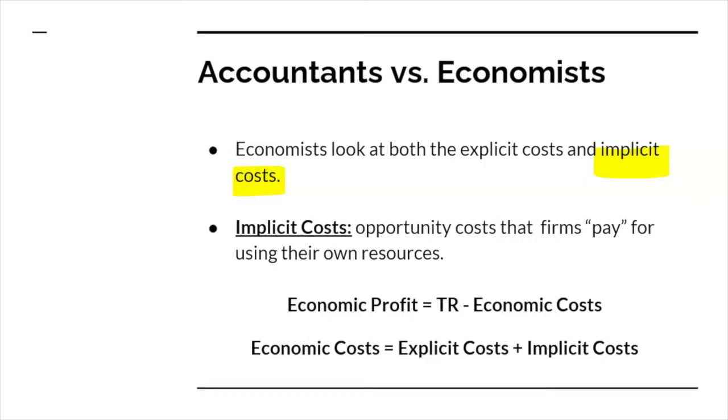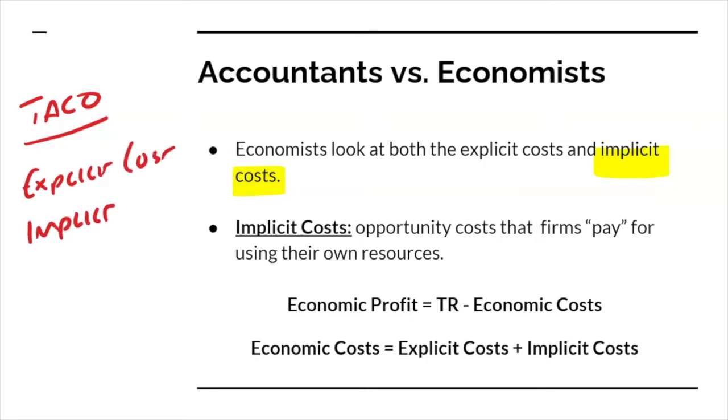For example, if I decide to run a taco stand, we all know what the explicit costs are, the cost of all these different resources. The implicit cost is what I'm giving up to run the taco stand. So for me, the implicit cost would be giving up my job as a teacher. I'm giving up my salary, and that is included in the implicit cost of running the taco stand.